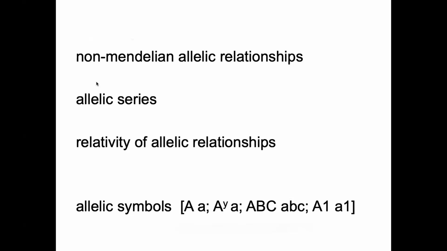Okay, and then the other non-Mendelian allelic relationship, when you have recessive lethal alleles, produces a 2 to 1 phenotypic segregation ratio in an F2 population. So again, another distorted Mendelian ratio due to that non-Mendelian allelic relationship.